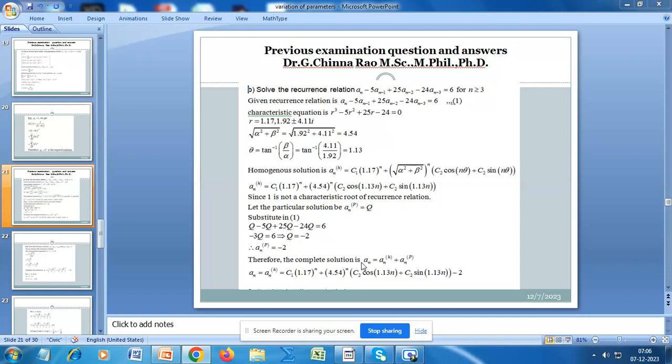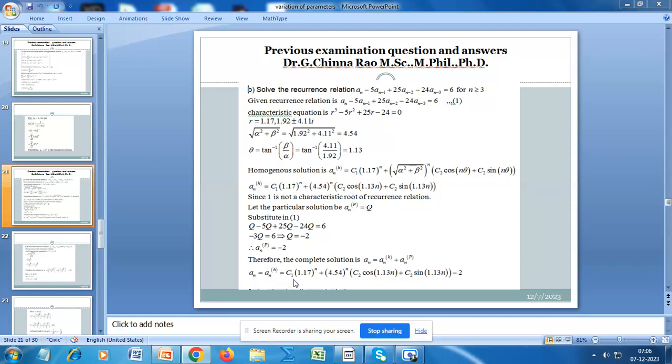For the complete solution of the inhomogeneous relation, a_n is equal to a_n h plus a_n p, that is homogeneous solution plus particular solution.